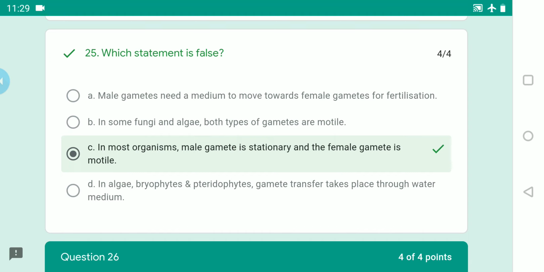The male gametes need a medium to move towards female gametes for fertilization, correct. In some fungi and algae both types of gametes are motile, correct. Even in algae and bryophytes gamete transfer takes place through a water medium, correct. Option C is the right option, but it is a false statement.